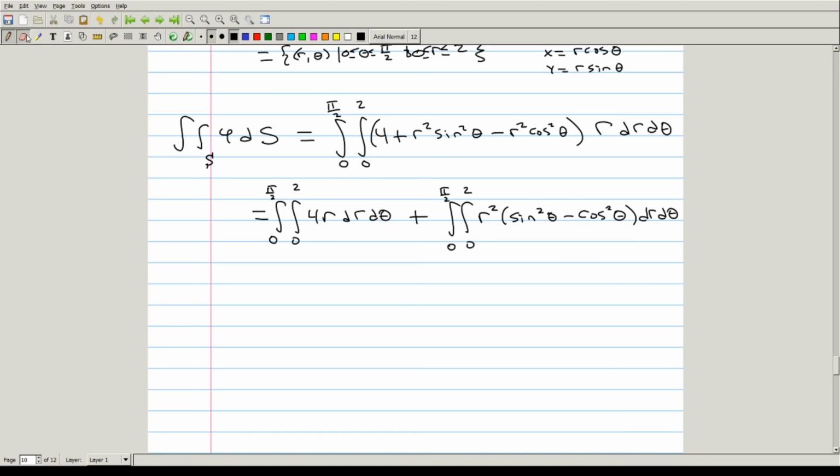And it's actually not r squared, it'll be r cubed, because we have r squared here and r here. It'll be r cubed.